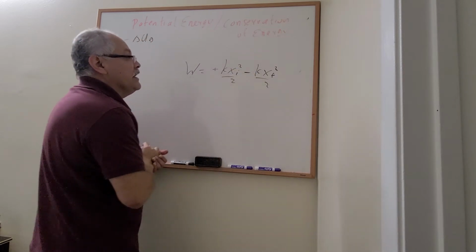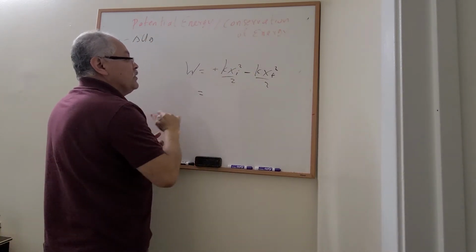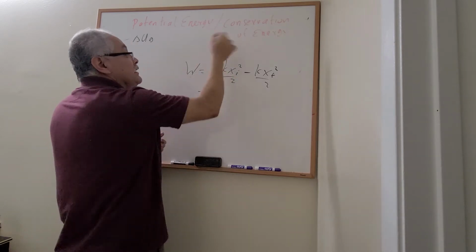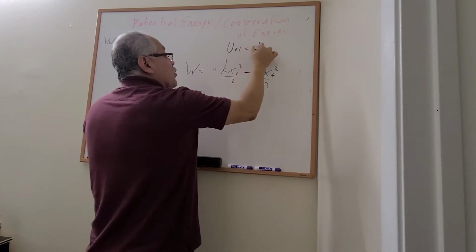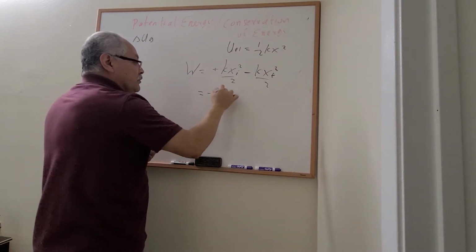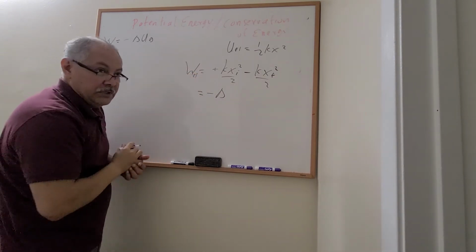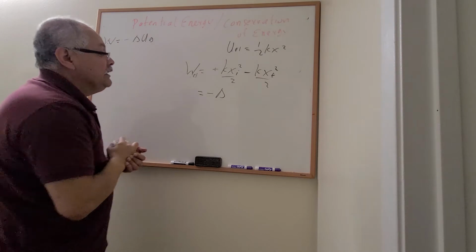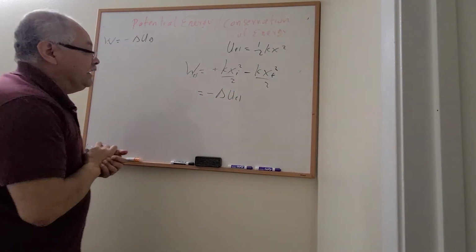We found this last time. And the same thing as before: if we define the elastic potential energy as 1/2 kx squared, we get the same condition. The work done by the spring is equal to negative the change in the elastic potential energy of the spring.